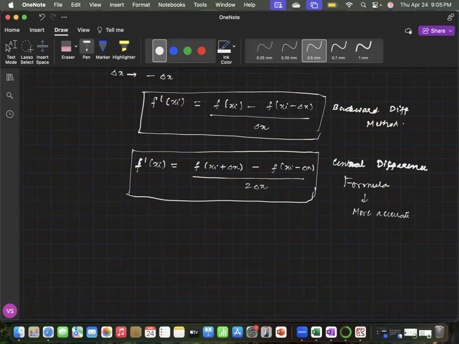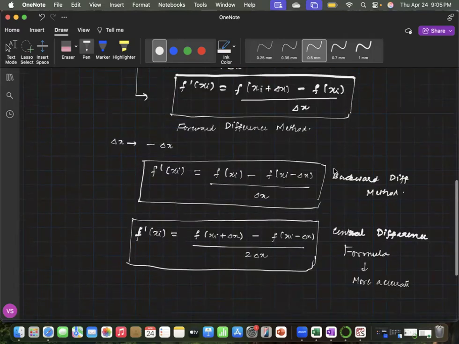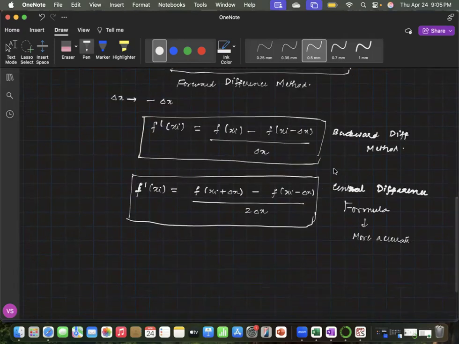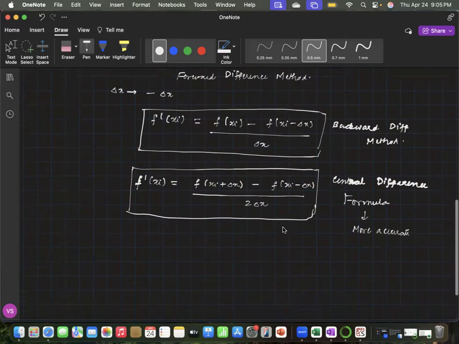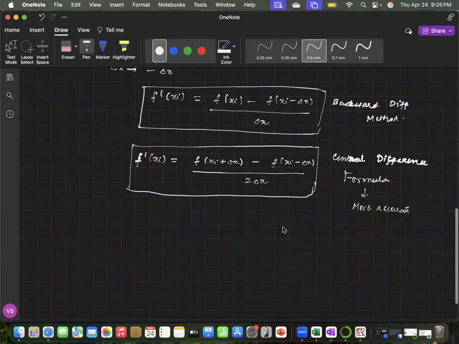So as long as your h, or your delta x in this case, is small enough, you can use either of the three formulas, but it is usually advisable to use the central difference formula for most of your calculations. So that is what we'll be doing as well.